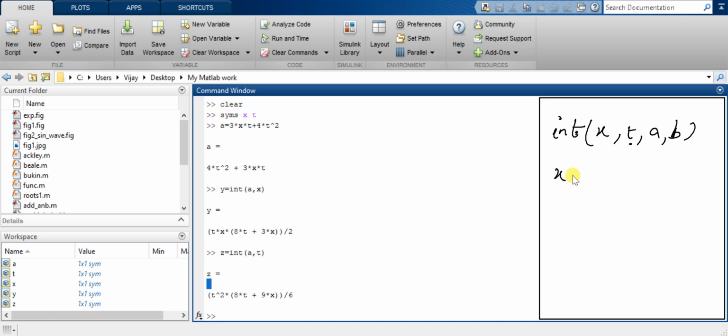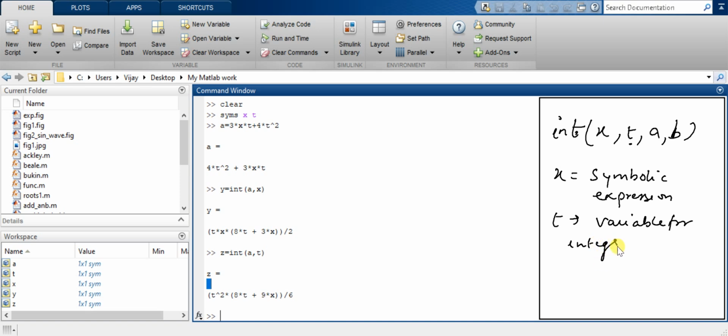So we can define x equal to symbolic expression, t is the variable for integration, a is the lower limit of integration, and b is the upper limit.